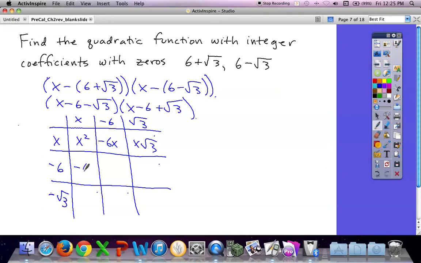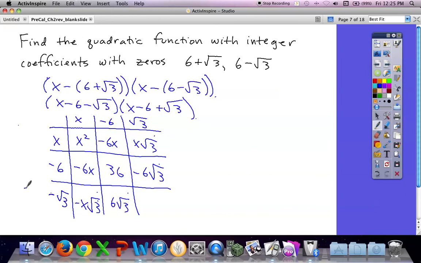Negative 6x, plus 36, and minus 6 root 3. Negative root 3 times x is minus x root 3. Negative square root of 3 times negative 6 is positive 6 root 3.